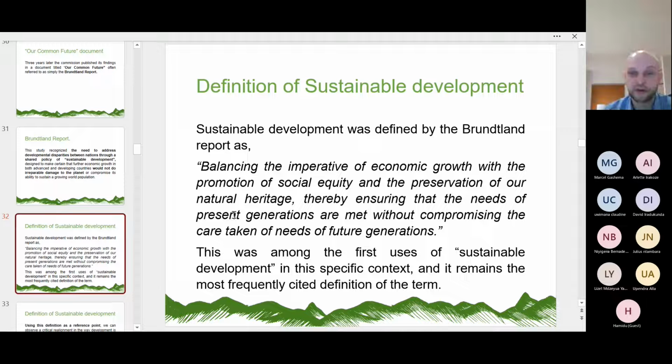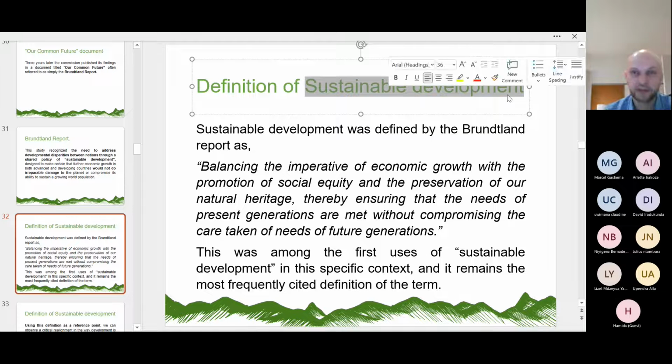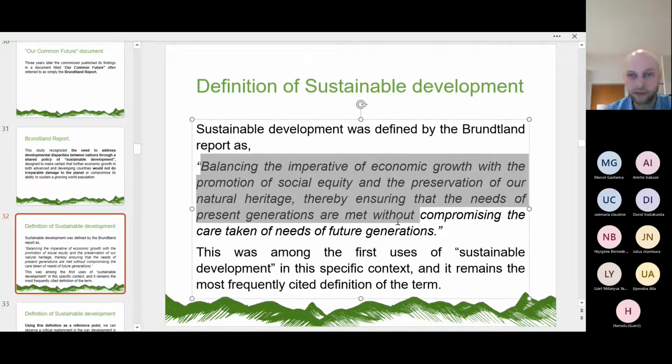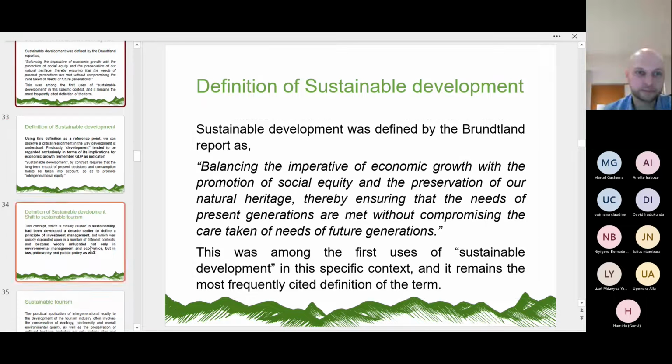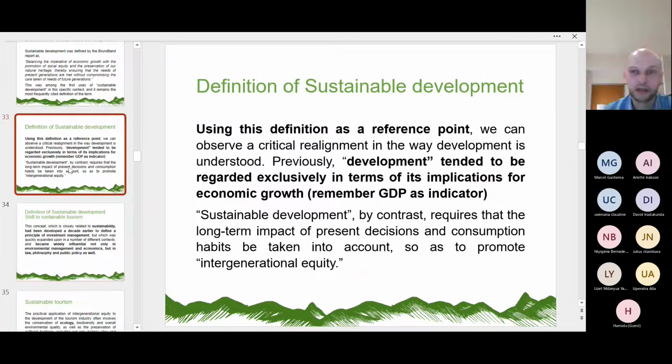This was among the first uses of sustainable development in this specific context, and it remains the most frequently cited definition of the term. The definition is on your screen, so we can use it as a reference point.